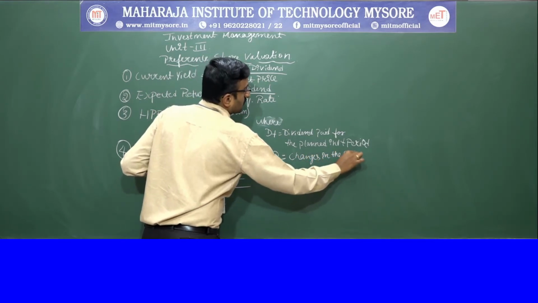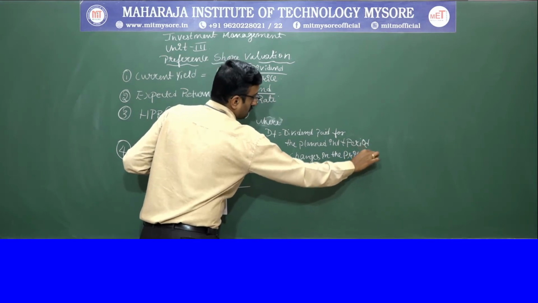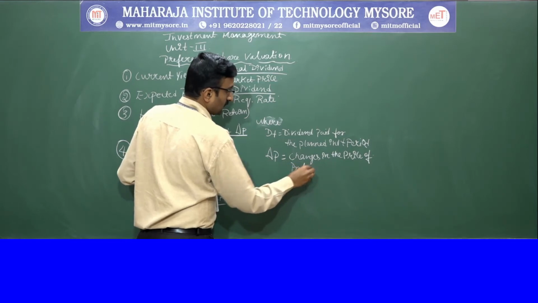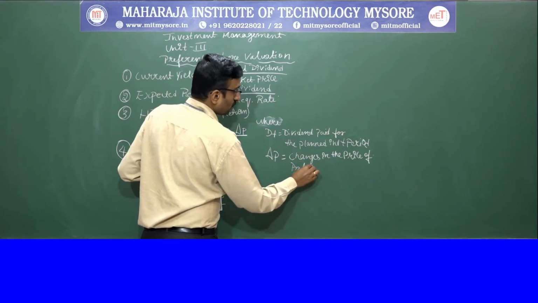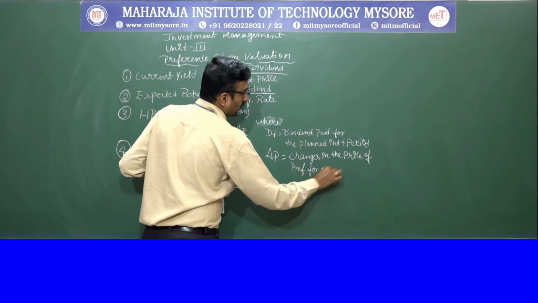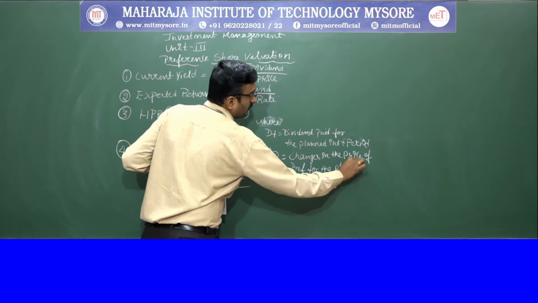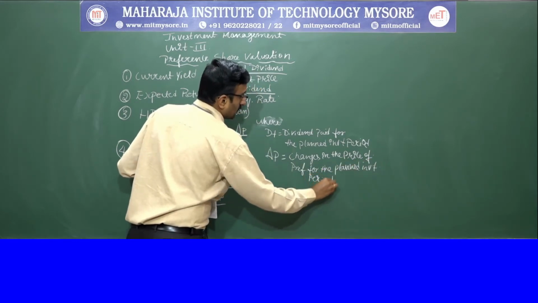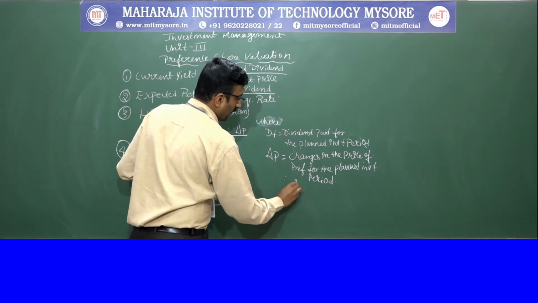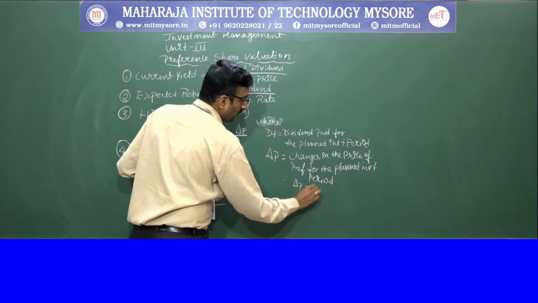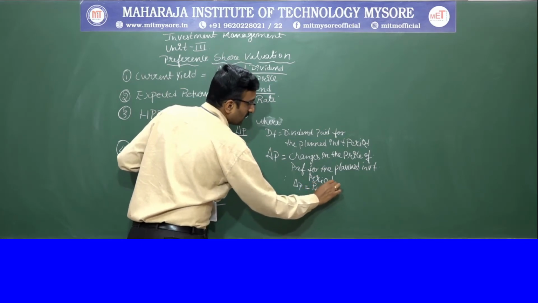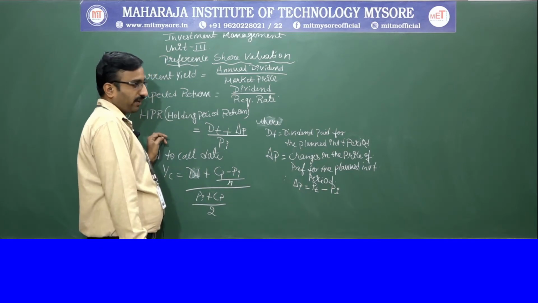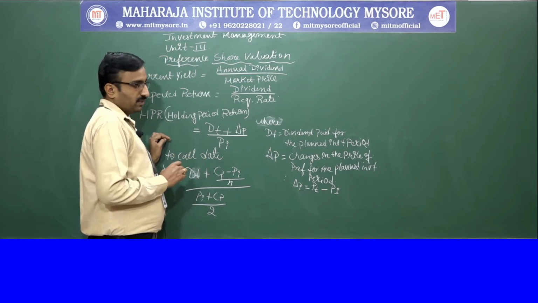Delta P is the change in the price of the preference security for the planned investment period.